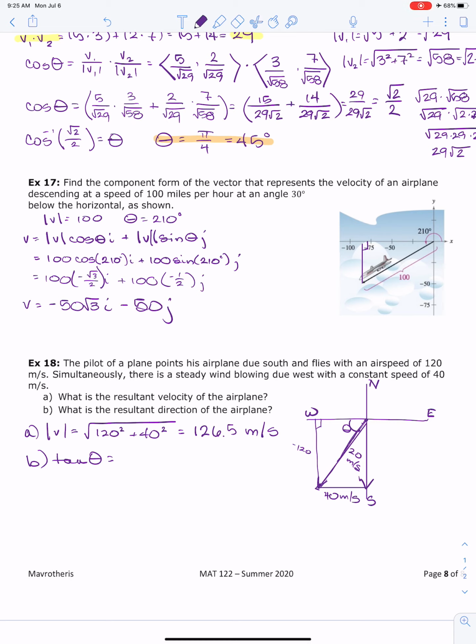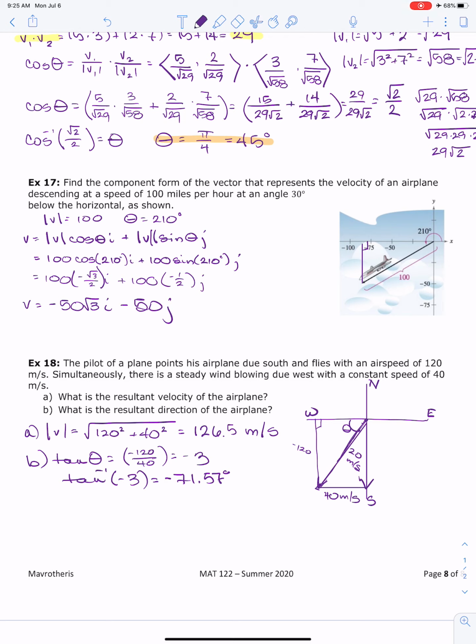So we are looking for where the tangent of theta is negative 120 divided by 40. Guess I should just write that instead of just saying it. So we've got a tangent of negative 3, which means we want the inverse tangent of negative 3, and that gives us an angle of negative 71.57 degrees. I'm going to round this to 2 places.